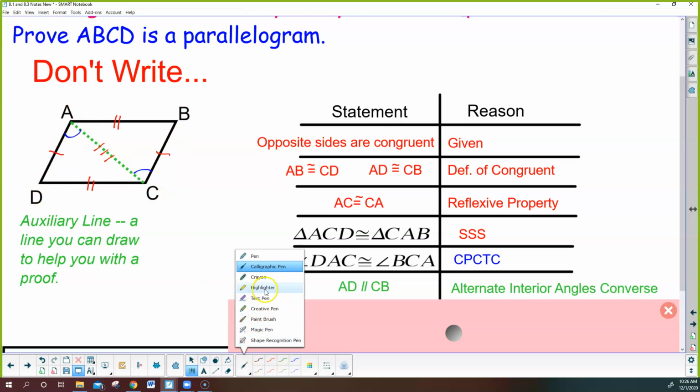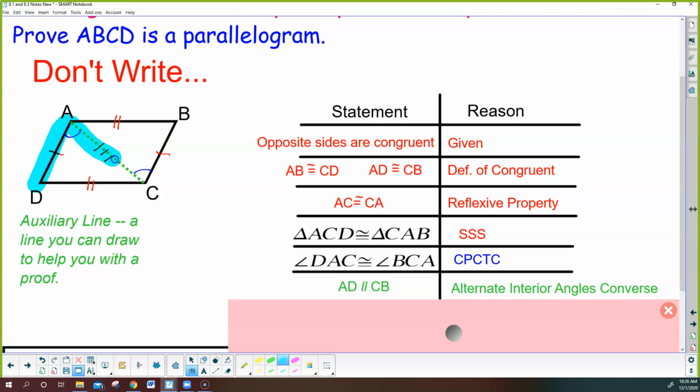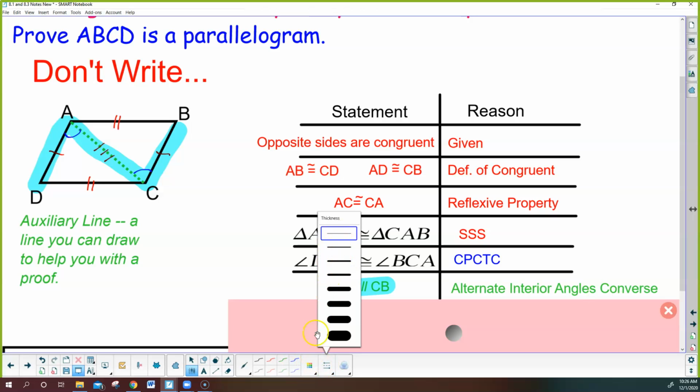Now, I might delete this just so it doesn't take up my full image, but notice, because I proved that these two blue angles are congruent, that means that this line and this line are parallel because of alternate interior angles converse. Right? If alternate interior angles are congruent, then this side here is parallel to this side here, and that's what I just proved right there.